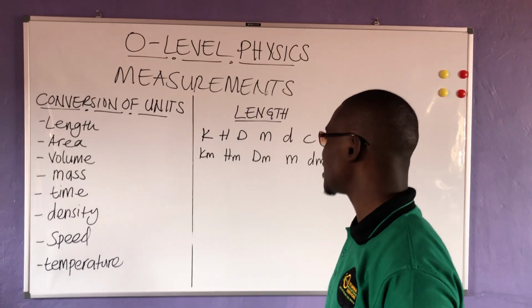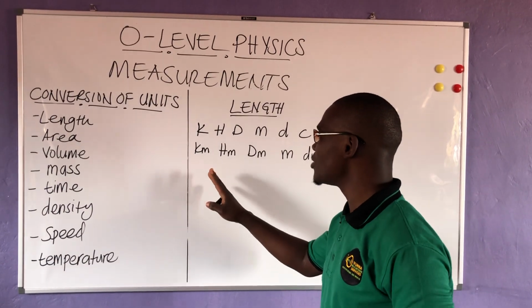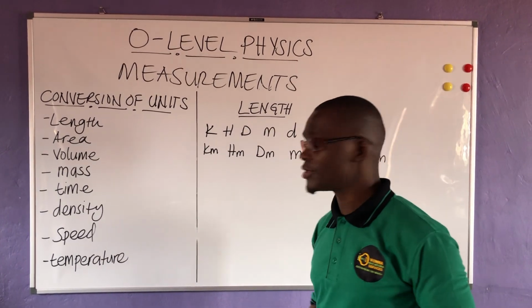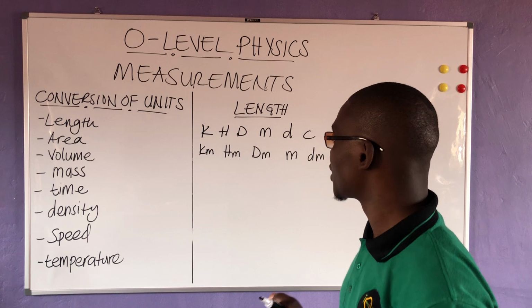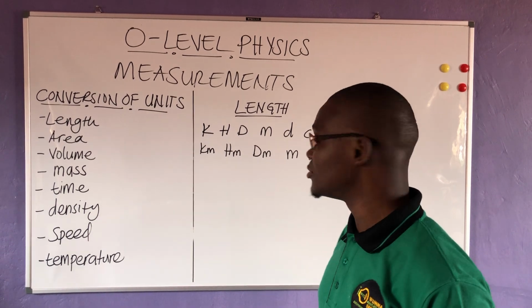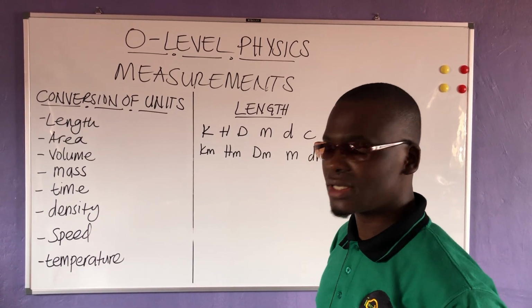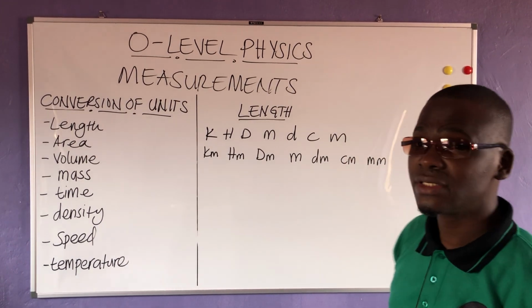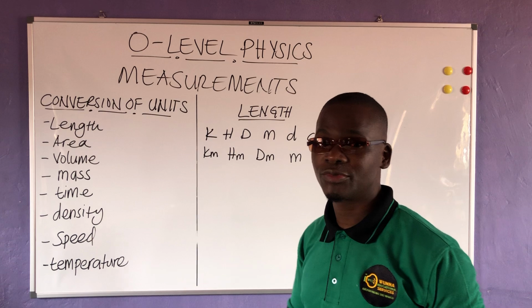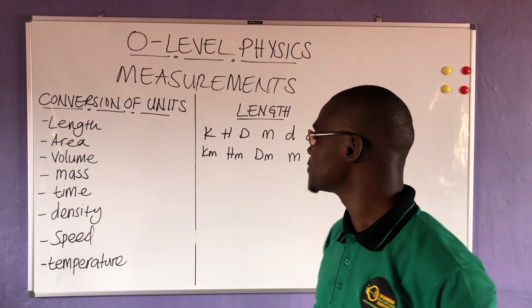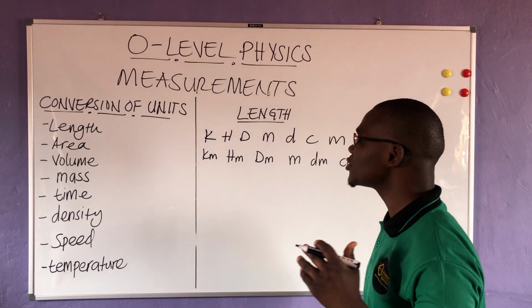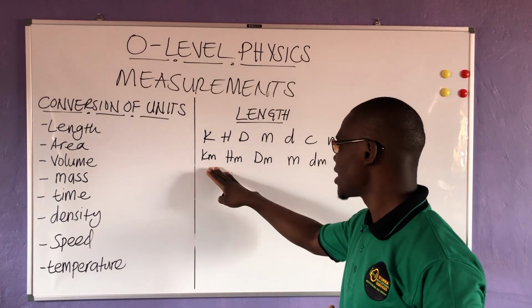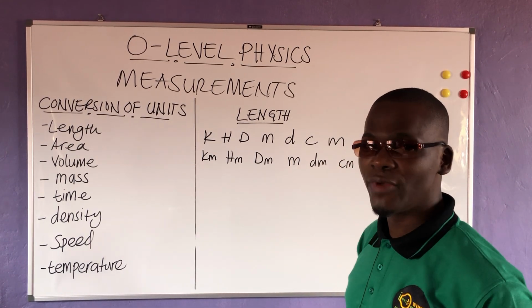And that means that we can convert from one unit to another. We have others that are not here, units like feet, yards, and inches, among others. These are the commonly used, that's why we are concentrating on these. So if I'm to convert from one unit to another among these ones, how do we do it?